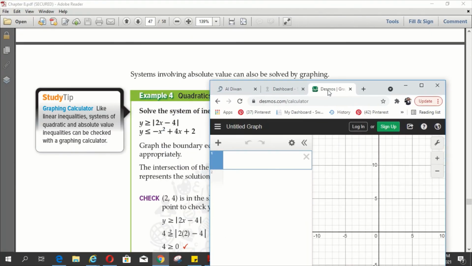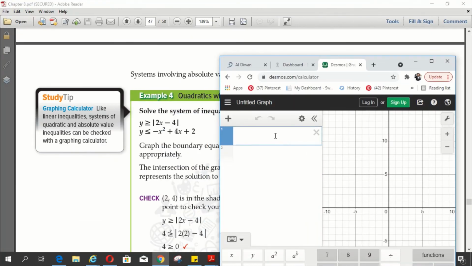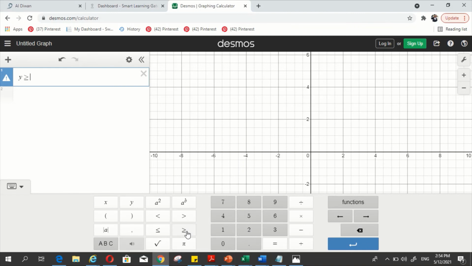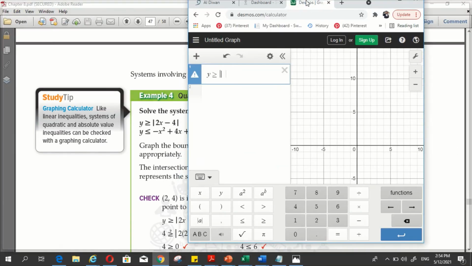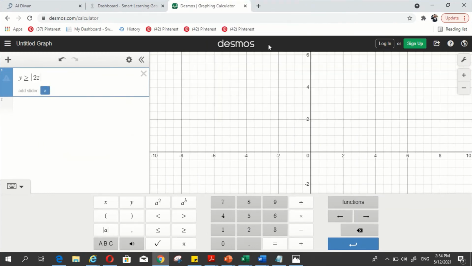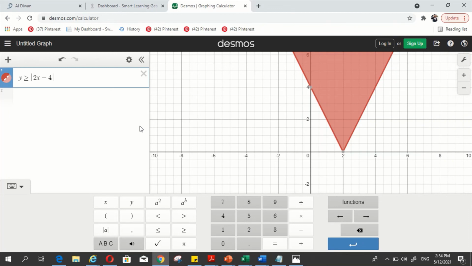So in here, our first inequality will be y greater than or equal to the absolute value of 2x minus 4.